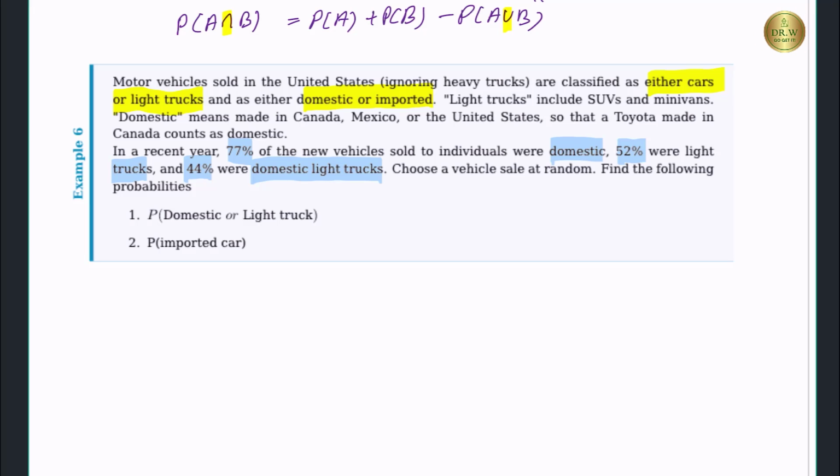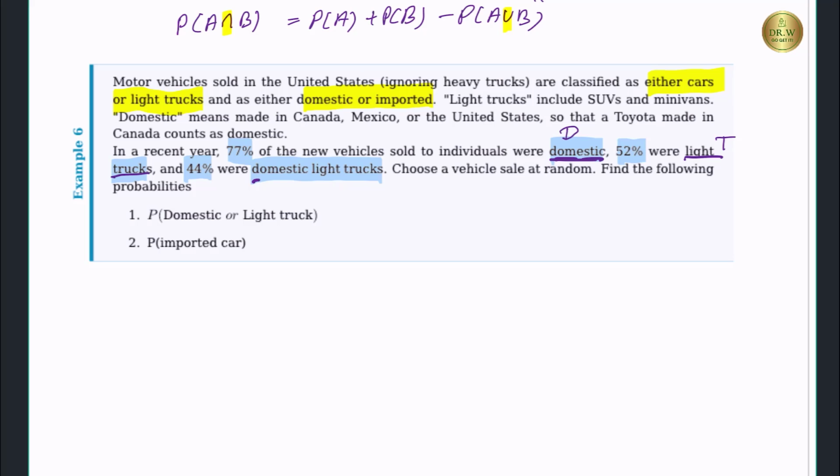First of all, we have to understand how many events are in there. How many events do you think? You can say 3 events, but basically we have 2 events. What are those? This is domestic, so I use D, and light truck, so I use T for the truck.